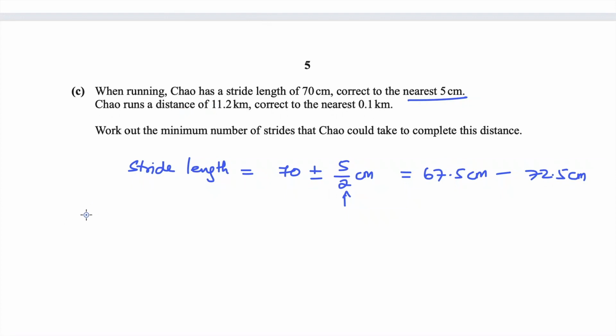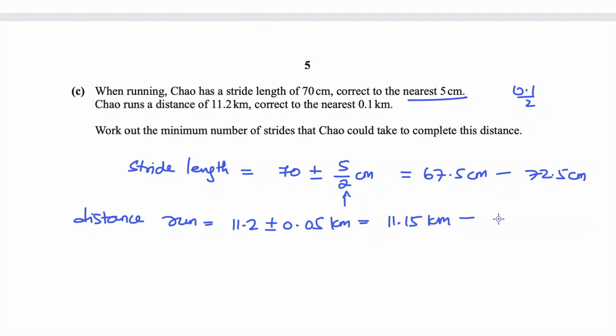Chow runs a distance. Distance run is equal to 11.2 plus or minus 0.05 kilometers. So to the nearest 0.1, it is 0.1 by 2, which is 0.05. So 11.2 plus or minus 0.05 is 11.15 kilometers to 11.25 kilometers. Okay.